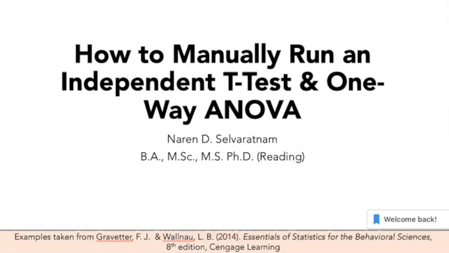And before we start, this is the book that I use, Gravetter and Wallnau 2014, Essentials of Statistics for Behavioral Sciences. I always say you have to get the textbook. If you get the textbook, these concepts are nicely written and you can do your own experimenting with these concepts, do calculations, and at the same time, you can use the software also.